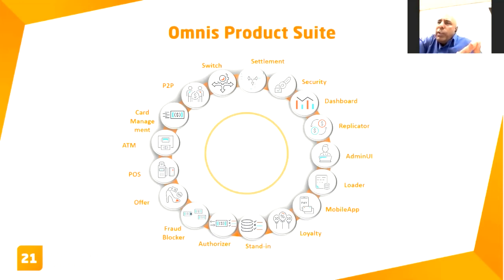So we have all of the security, we have dashboards, we have a replicator to keep our systems active. And the entire solution ships with a UI. The UI is all browser-based. It's a modern UI, so a customer does not get exposed to the legacy TACL or those kinds of interfaces.